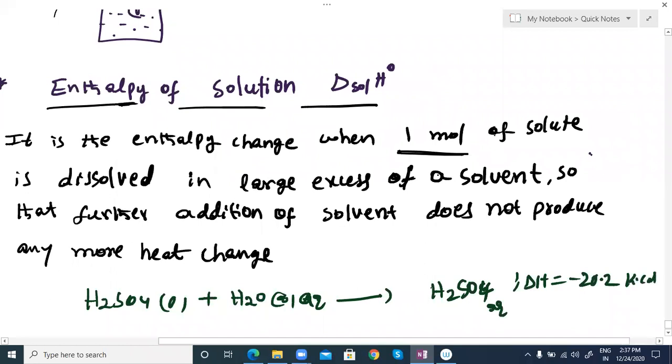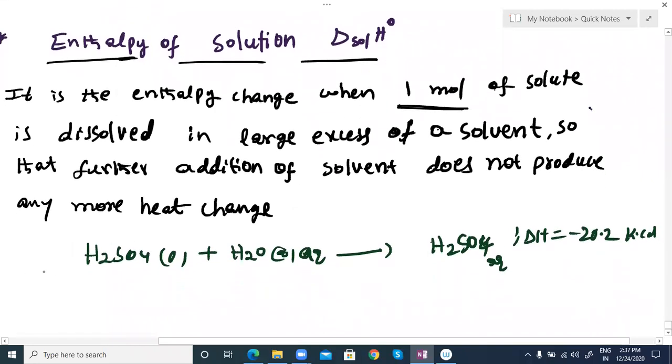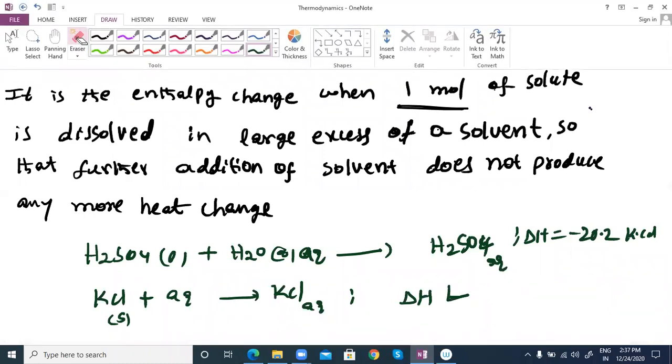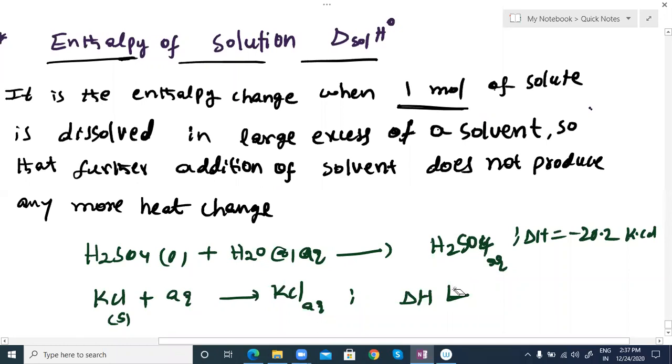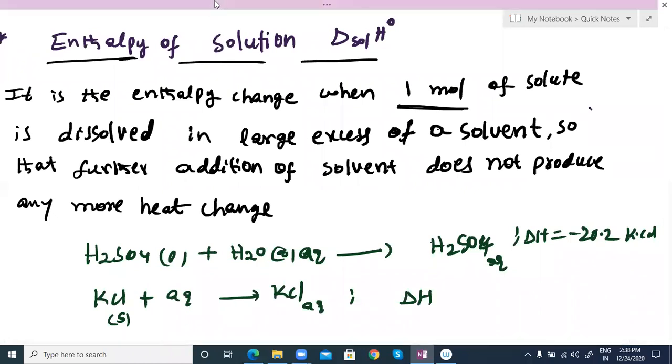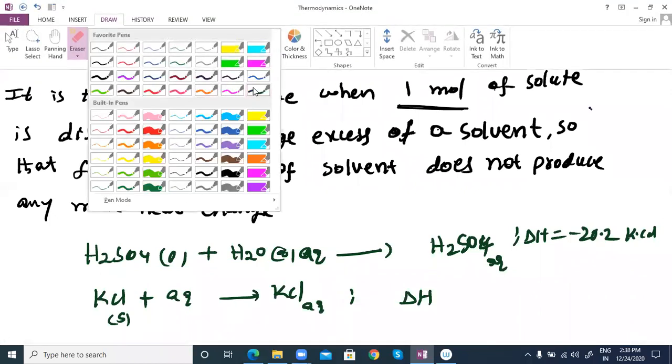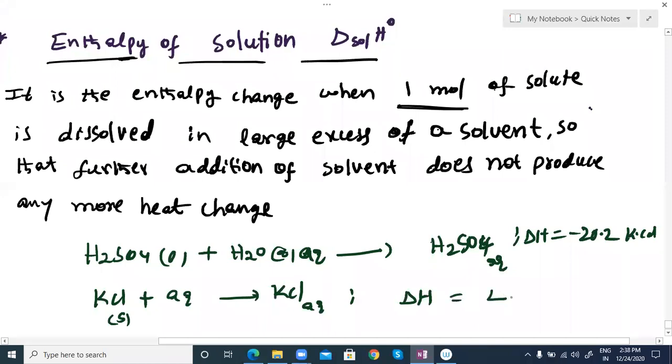Same like KCl also. Because they are dissolving in water, that releases energy. KCl solid plus aqueous becomes KCl aqueous. Delta H equal to what? Right side, the value in kilocalorie.